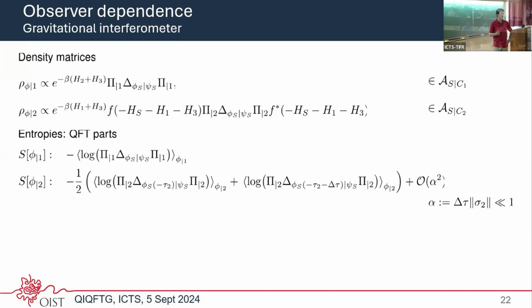Do you mean the difference between the entropies or the entropy itself? I guess the entropy itself is divergent, so that depends again. Depending on how many clocks you take into account, your algebra will either be type 2-1 or type 2 infinity. And the difference is whether there's a maximal entropy state or not. If you're in the type 2-1 case, then there would be some bound on what the entropy itself can be.